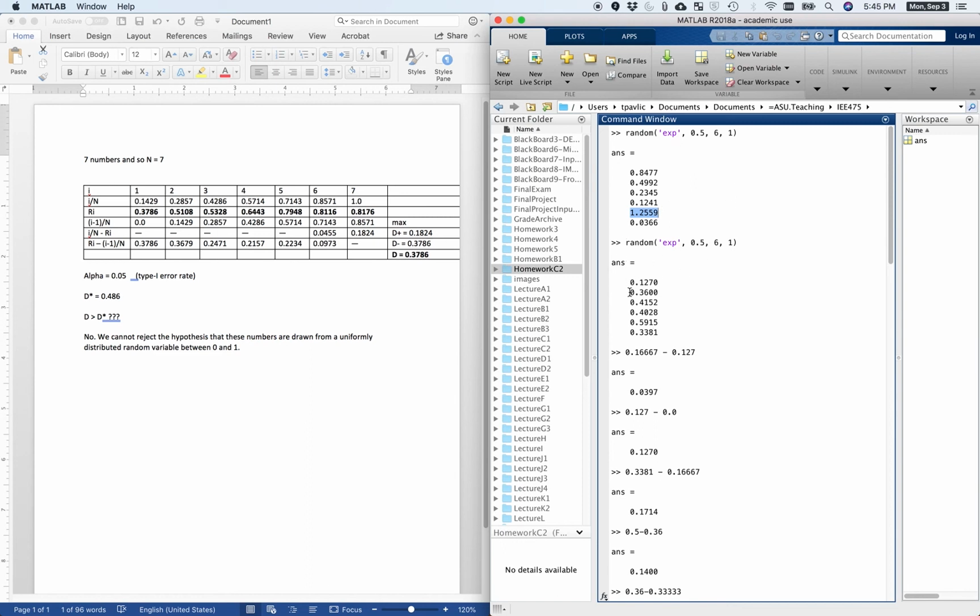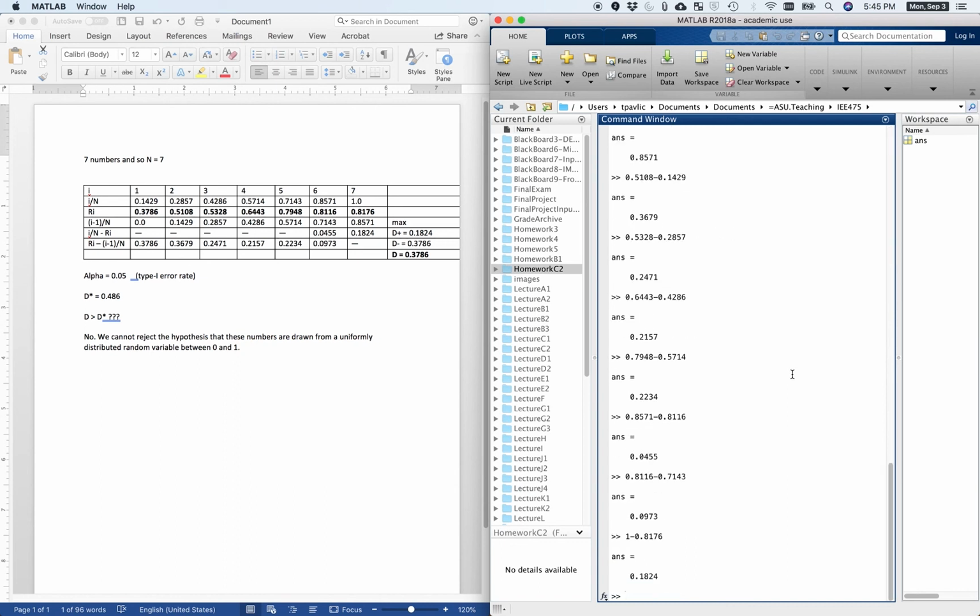So I redrew, and so I did a little bit of what we call p-hacking here: I ended up biasing my results by randomly drawing again until all the numbers were between 0 and 1. But still, I claim that if I had drawn 50 numbers and they all happened to be between 0 and 1, they would most likely be clustered closer to 0 because it's an exponential, and so it would probably end up being rejected.